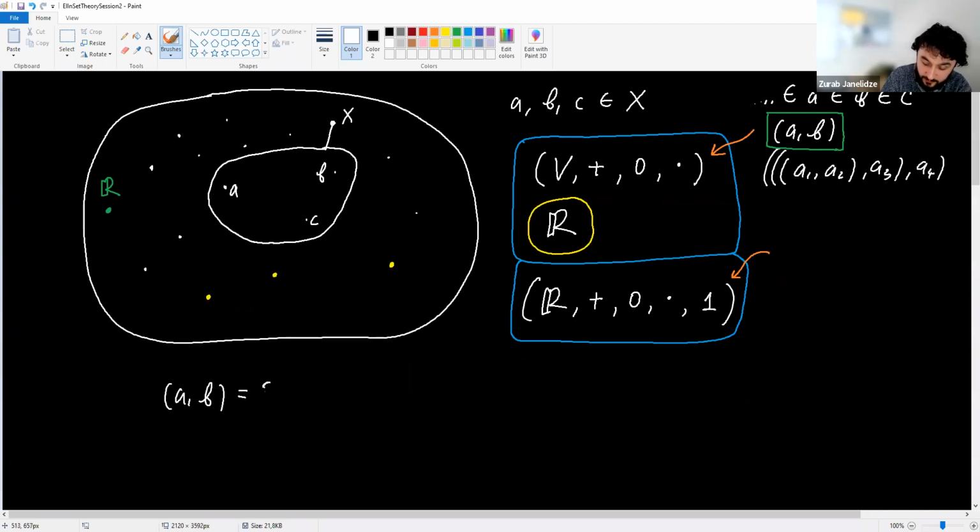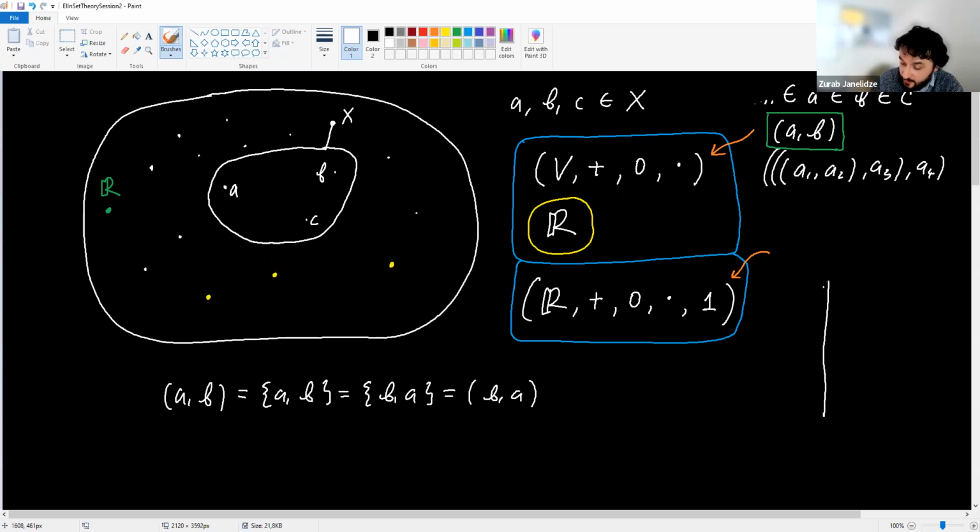If you just want to define it as a set of two elements, then this will not work, because since the order of elements in a set doesn't matter, we will get that AB is always equal to BA. This is something you definitely don't want, because you don't want your point (1,0) on the Cartesian coordinate system to be the same as (0,1). So position actually matters here, and that's the problem. That's right. So we don't want this to be true.